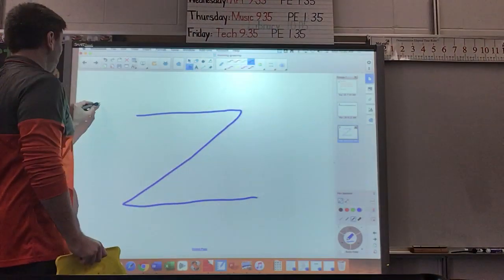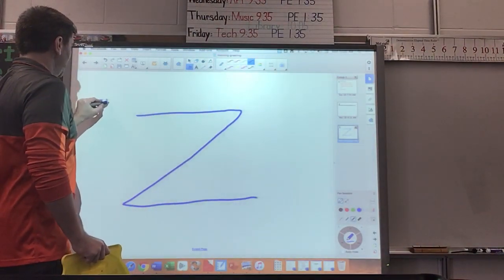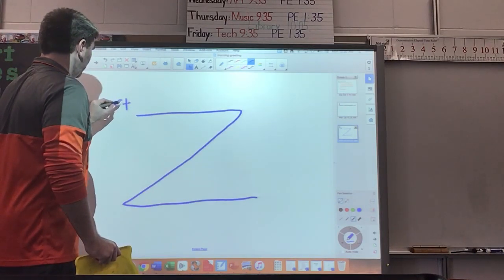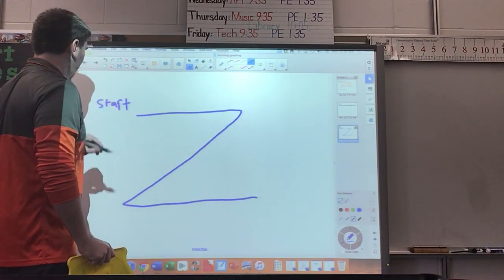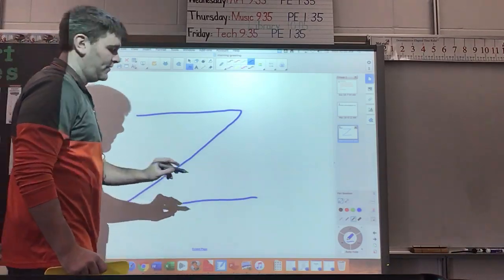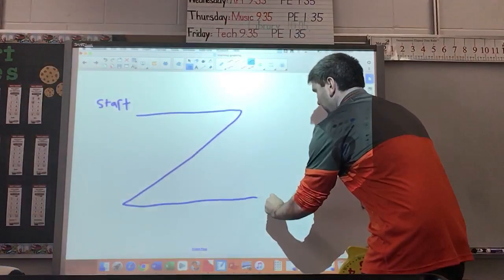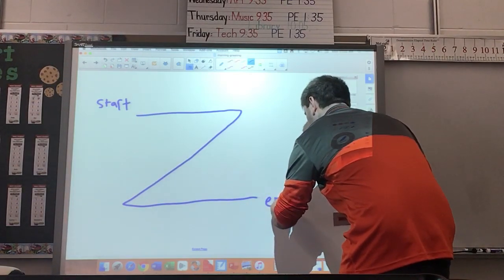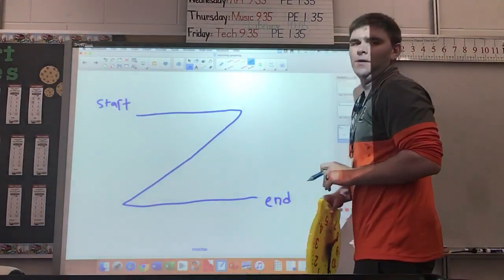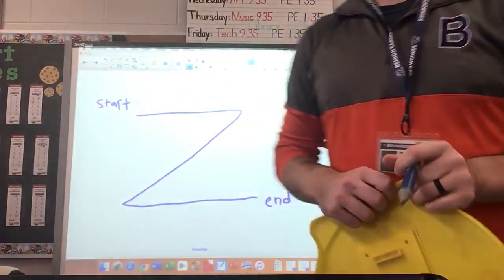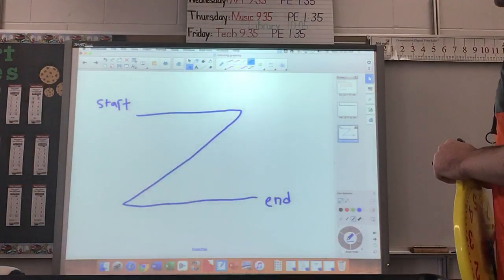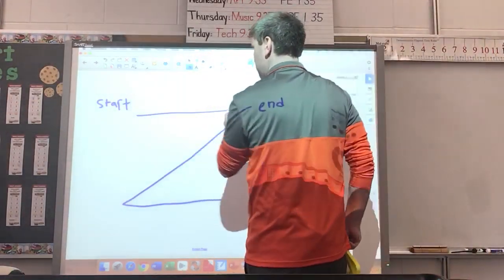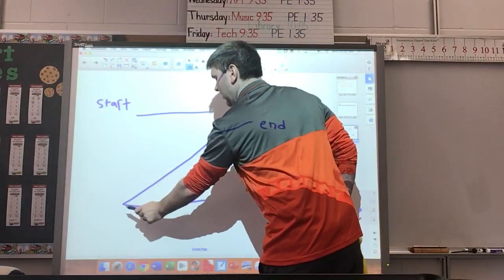Now with our Z, we're going to write a couple things on there. I'm going to write start at the beginning so that I know. Excuse my sloppy writing as always. And at the end, I'm going to write end. So the things that we're going to want to put in here, we've got three parts that we're going to look at. We've got a straight, this diagonal, and another straight.